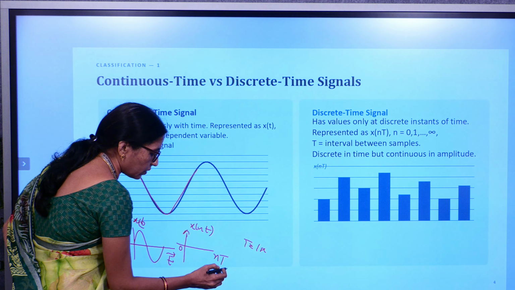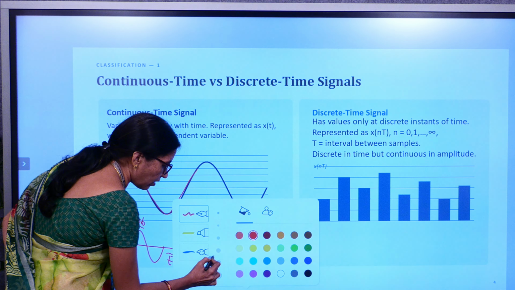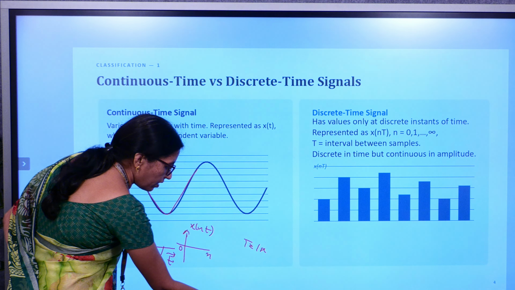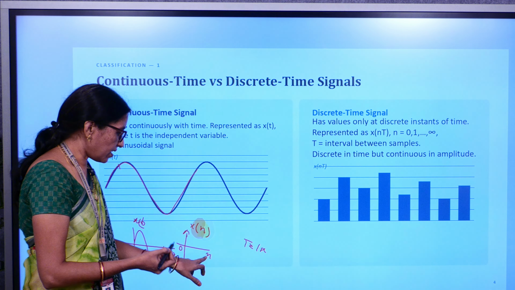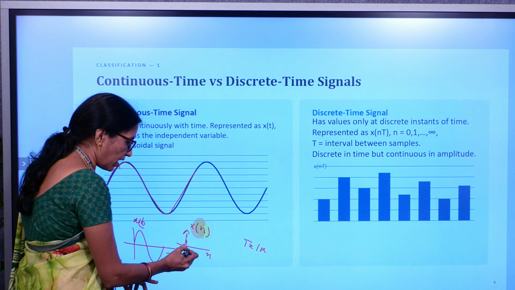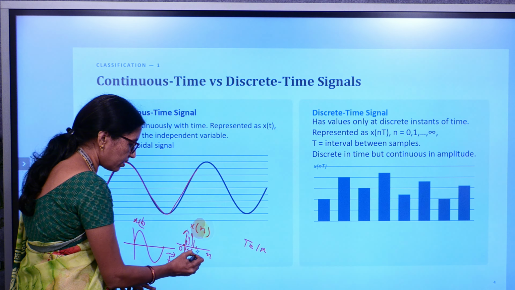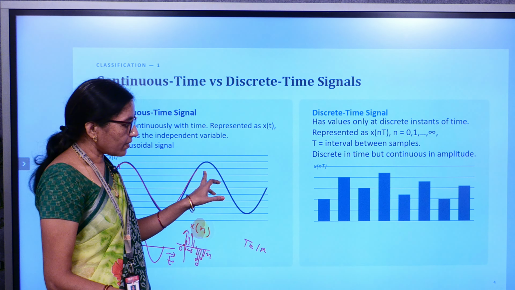So simply how to write this? n versus x of n. And see, this is n versus x of n. For example, n0, some value, n1, some value, n2, some value, n3, some value. So here, this is the discrete time signal representation of this sinusoidal signal.